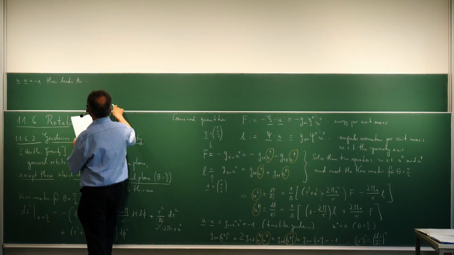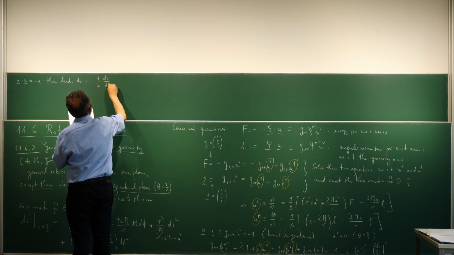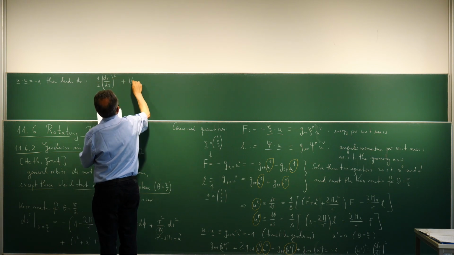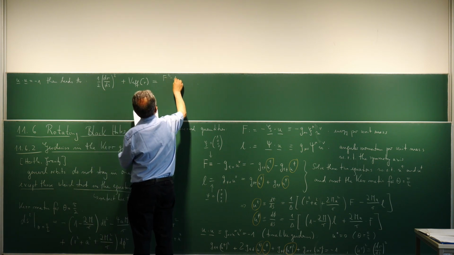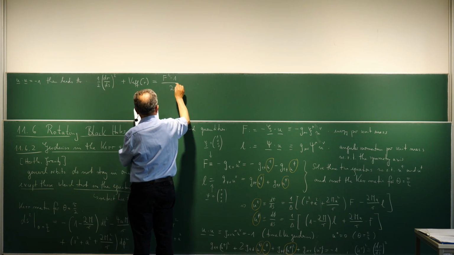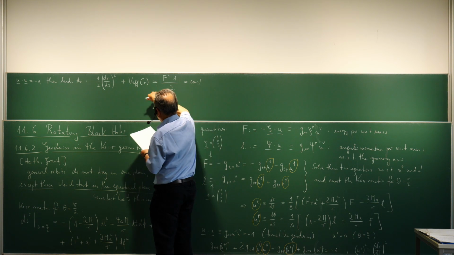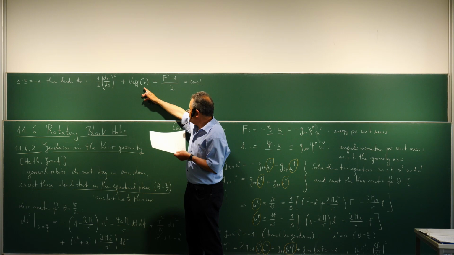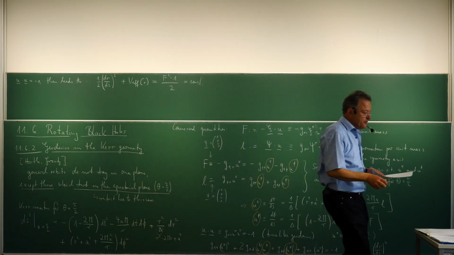Then we have one half (dr over ds) squared plus an effective potential depending on r, equal to a constant, and the constant again is (F squared minus 1) over 2. So that's constant. And so the behavior of the geodesics follows from the form of V effective.